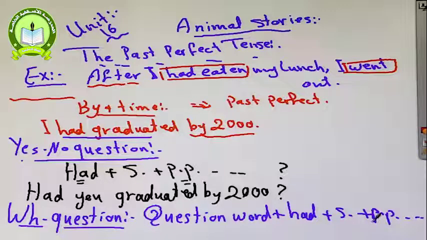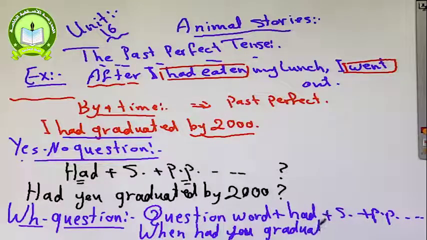For example, when had you graduated? When had you graduated? I had graduated by 2000.